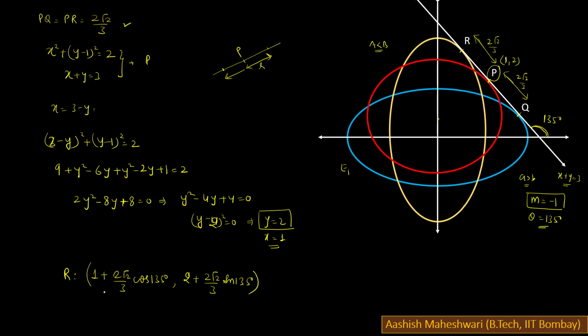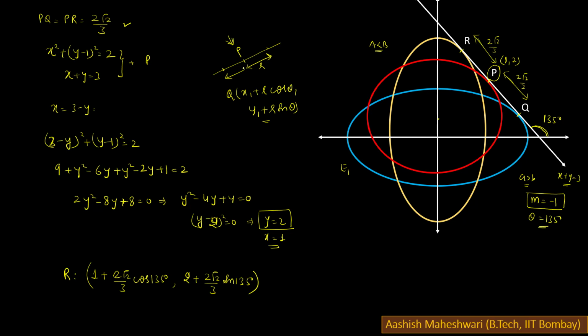First understand this. I'll just explain how to write the parametric coordinate. You can say this is (x1 plus r cos theta, y1 plus r sine theta), where theta is the angle with the positive x-axis, that is corresponding to the slope. And what is point P? Point P is the given point from which you have to measure the distances.